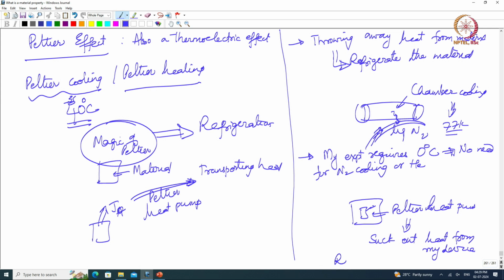And it is ready to use at 0 degrees Celsius. If I want to see what is happening at 100 degrees Celsius, I don't need furnaces or hot plates, I can just use a Peltier heater. Okay. So, how does this work?